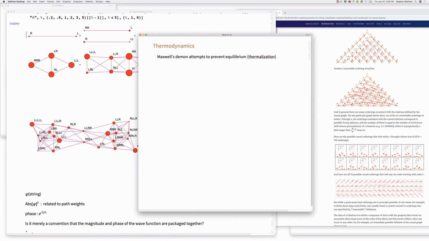Why on earth is that not a spelling word? That needs to be a spelling word. Attempts to prevent equilibrium, i.e., prevent convergence of states to be purely described by bulk quantities.